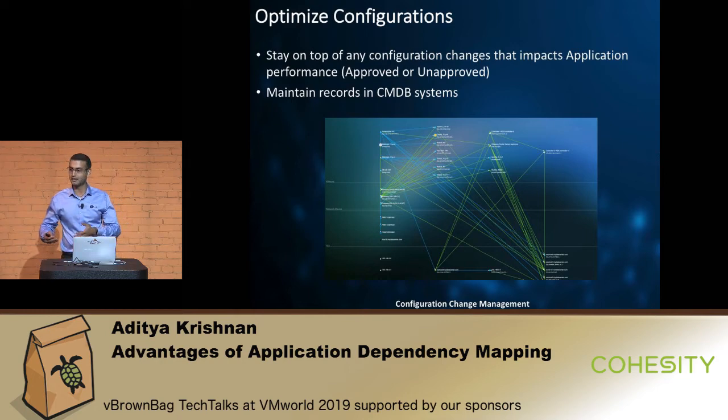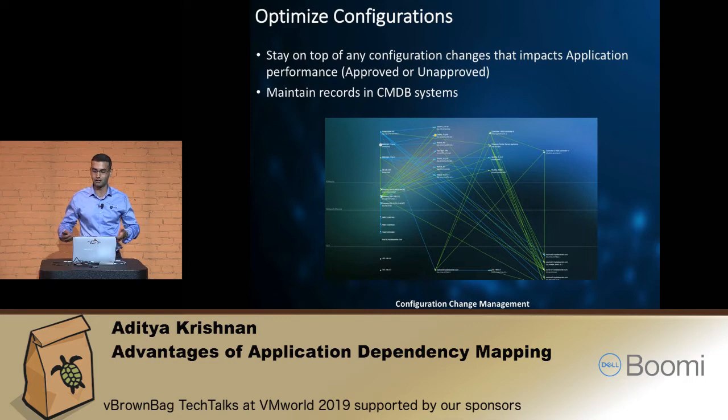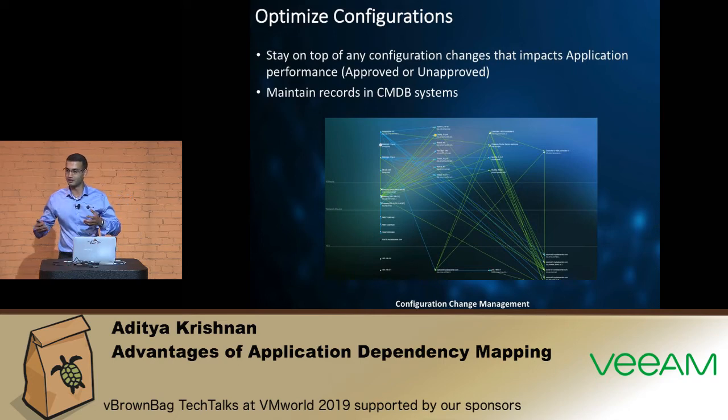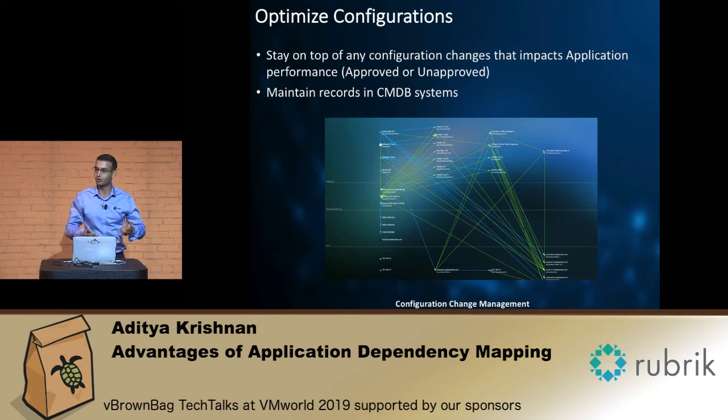And this really causes an IT nightmare a lot of times. Using application dependency mapping, knowing what the different changes are within the environment becomes very critical. And being able to import all this into a CMDB to keep track of all these assets becomes very critical as well.